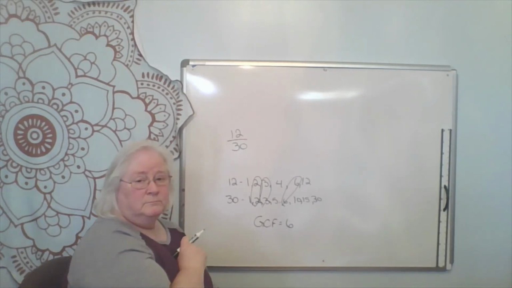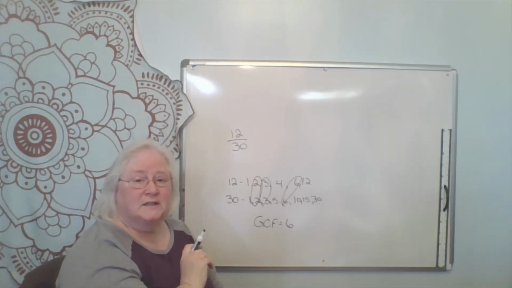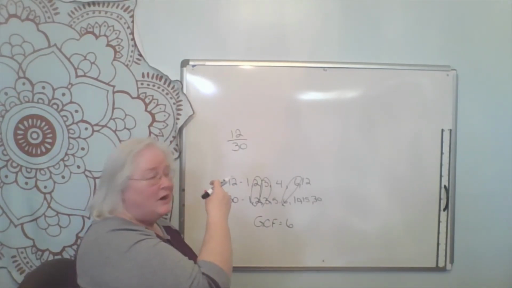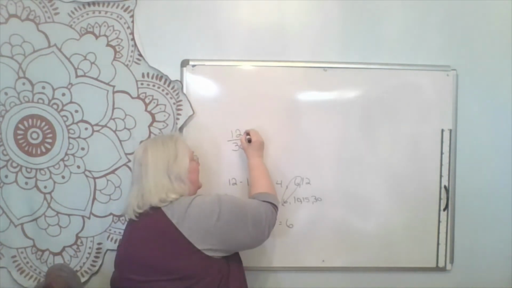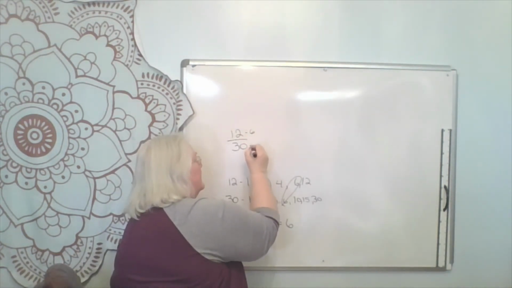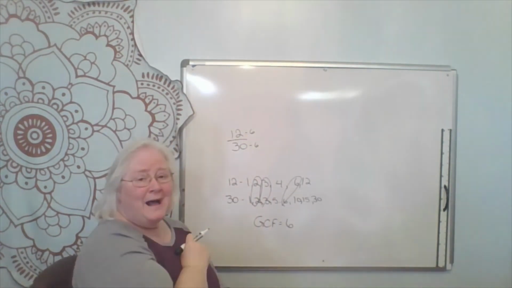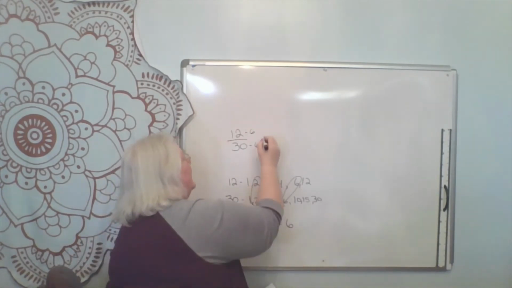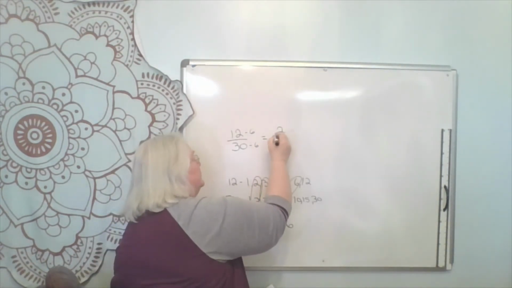Now, after you find the greatest common factor, you come back to your fraction and you divide both the top and the bottom by your GCF, and that leaves us with 2 over 5.